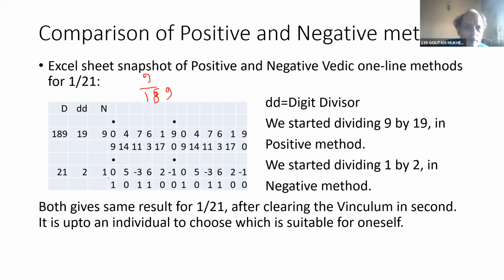But here I do the negative method. This is by the positive method, and this is by the negative method. It comes back to the same thing. Here the only difference is that 5 and minus 3 becomes 5, vinculum 3, and 2 minus 1 becomes 19. How it comes, I explained in the previous one.